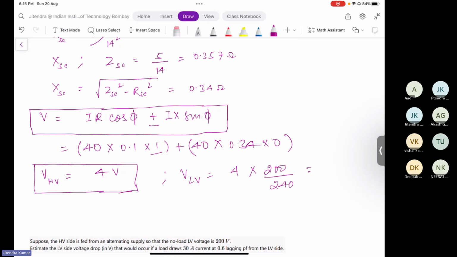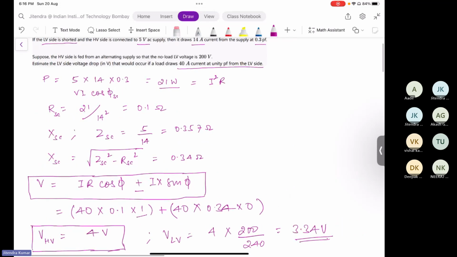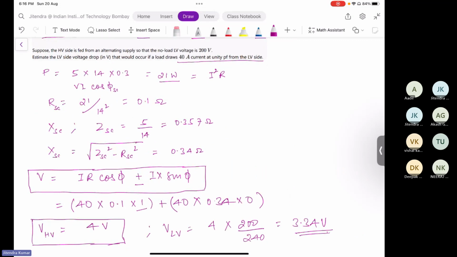So it should be 800 divided by 240, which is 3.34. Is that correct? Yes, sir.